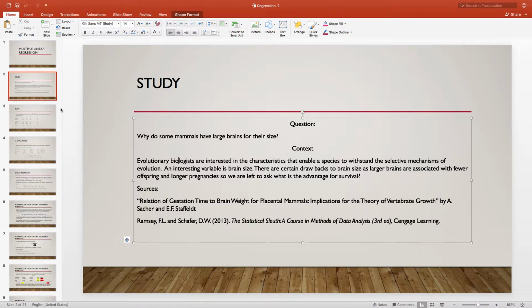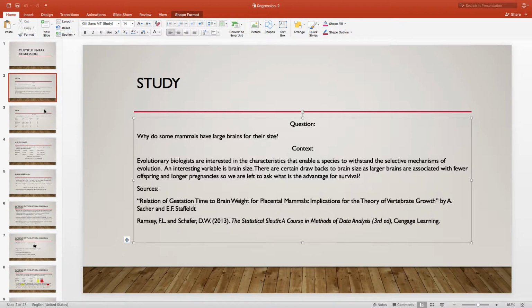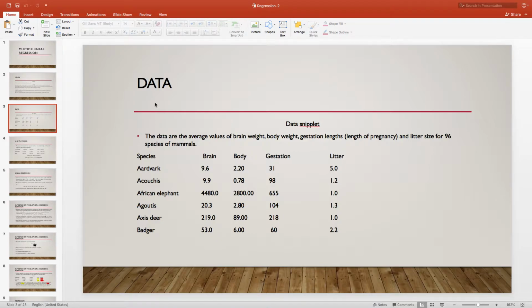So here's a little bit of a glimpse of the data set that is involved. Here you have the species, and this is not all of the species and all of the data. This is just a little peek of it.